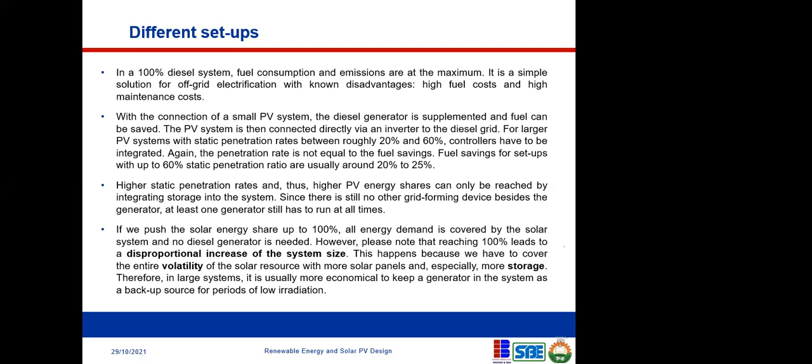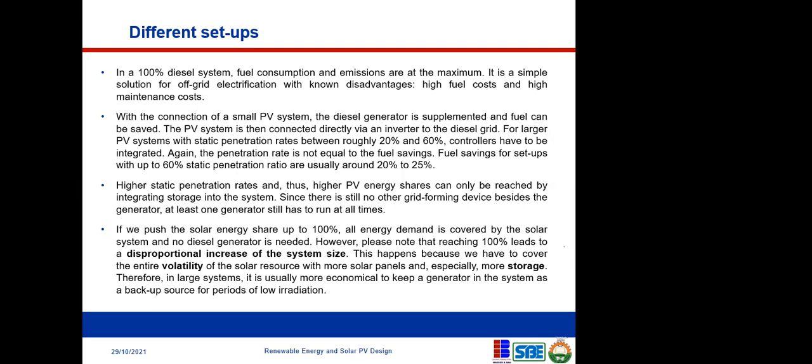This is the question that one of the participants was asking the other time. So now this is the downside of it. However, please note that reaching 100% leads to a disproportionate increase of the system size. This is what I tried to explain to her that time. If you want to cover all your load 100% by solar system, it will lead to a disproportionate increase of the system size.